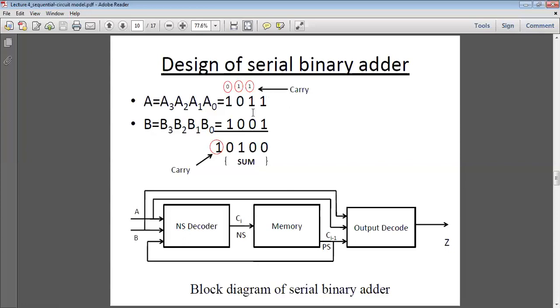We can use any kind of flip-flop, but the very easy way is to use a D flip-flop, because it gives a 1-bit delay. When you add these two numbers, the previous bit carry is coming here, so a 1-bit delay is there. So if you use a D flip-flop, the circuit design will be very easy. So using a D flip-flop, we design this circuit for the binary adder.